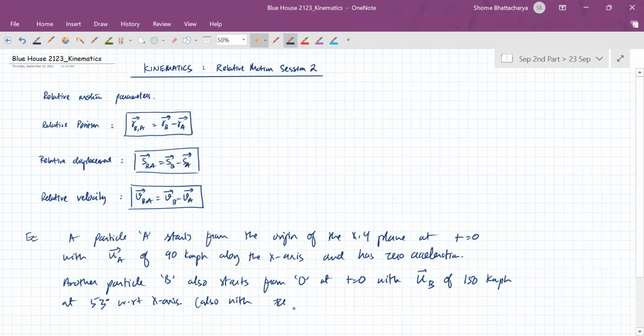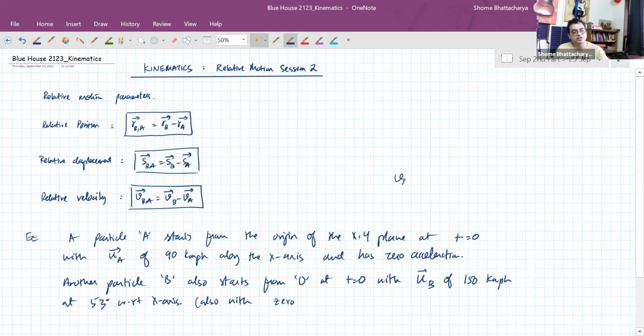Sir, I had a doubt. If we say VAB, then it would mean the velocity of A when the observer is observing it from B. Right? Yeah. If we say VA comma B, then this is a relative velocity of A with respect to B. So our observer is at B and we are observing A. Understood this point, no?